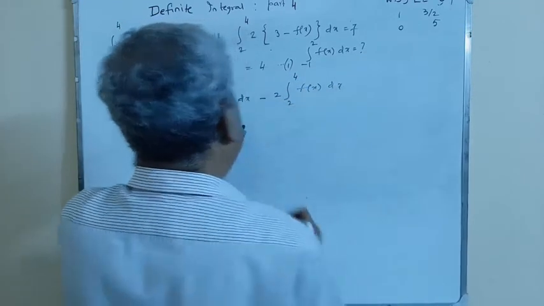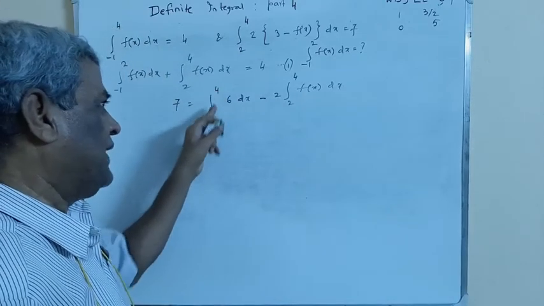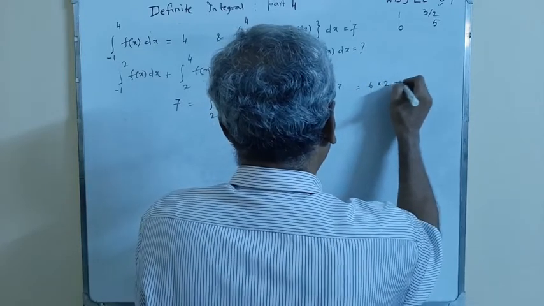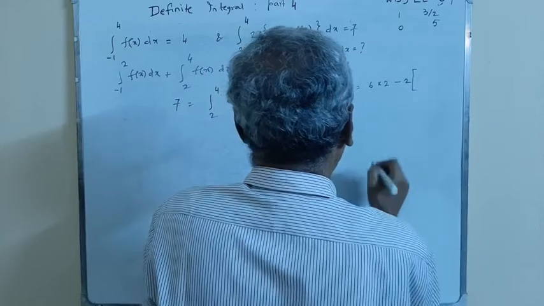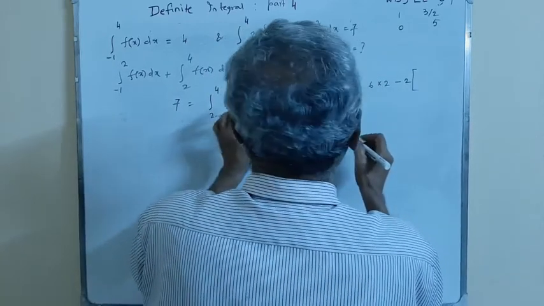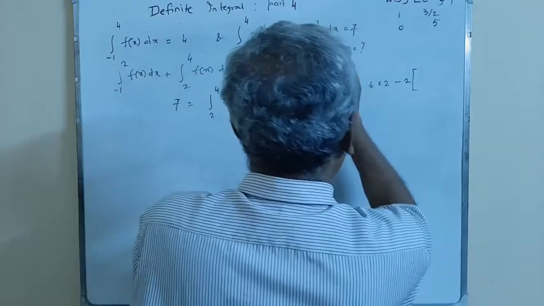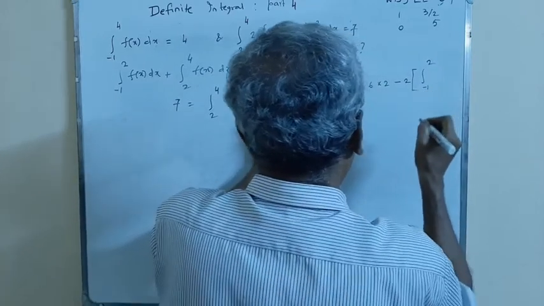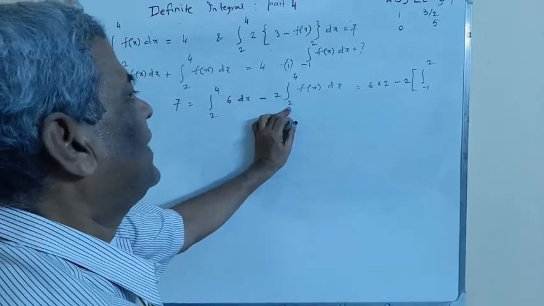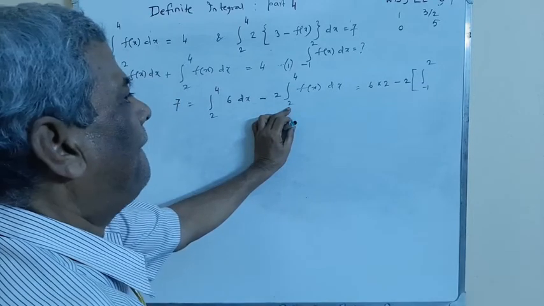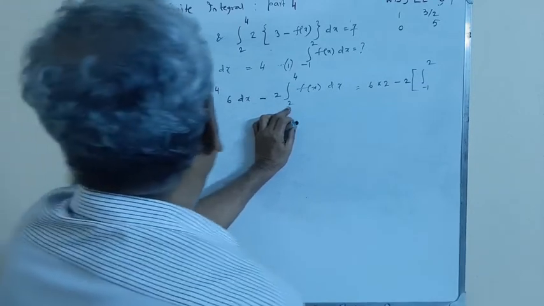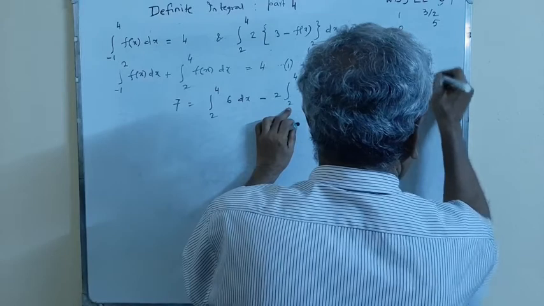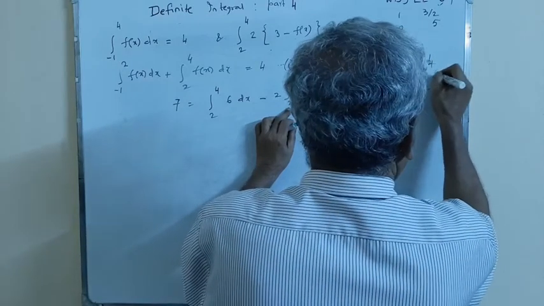This is equal to 6 into x, so 6 into (4 minus 2), that is 6 into 2, minus 2 times the integral from 2 to 4 of f(x) dx.